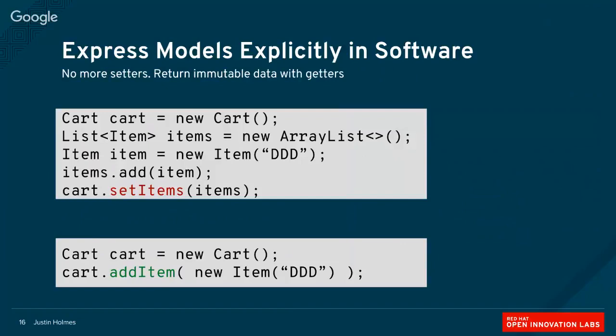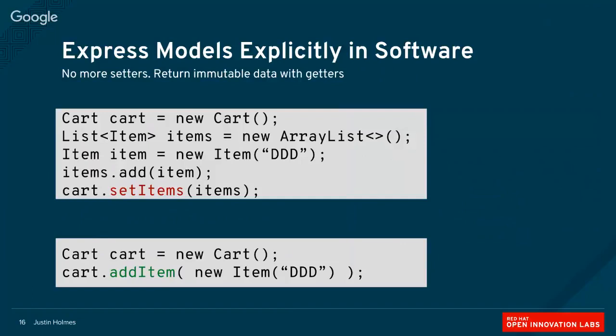It says create a new list and set those items on the cart. And so already we can see just here in this very basic example that we've got a mismatch between the model we've been using in the English we've been speaking with our team and the model that's actually operating in the code. And all domain-driven design wants to do is to bring those two things together so that the language is shared.